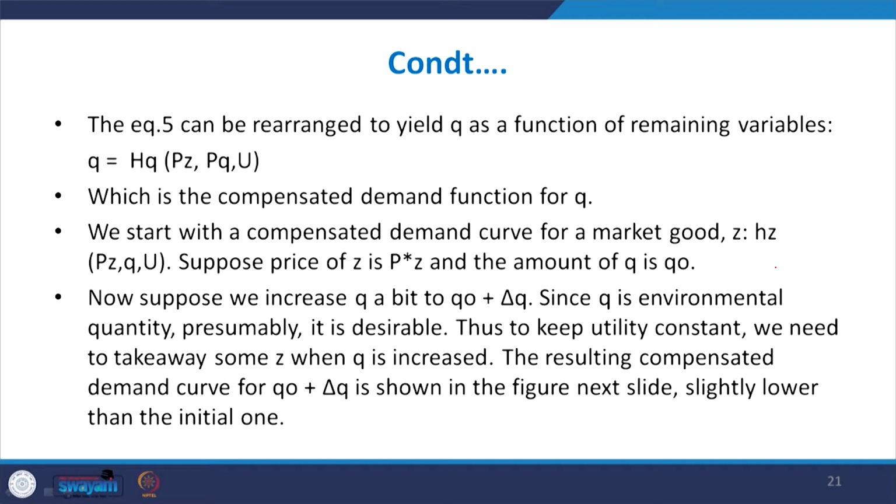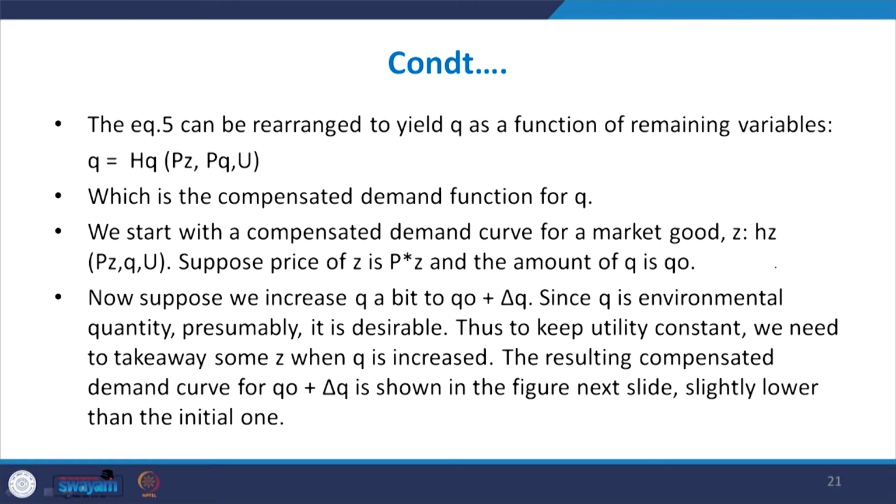So, this is actually a compensated demand function for Q. We start with a compensated demand function for a market product Z, and we have the value of initial Q, like Q0 and Q1, the improvement in Q, and we also know how much is the budget. So, keeping in mind the budget of the consumer on Z and the value of the environmental product, we can estimate the demand for environmental goods. Okay.